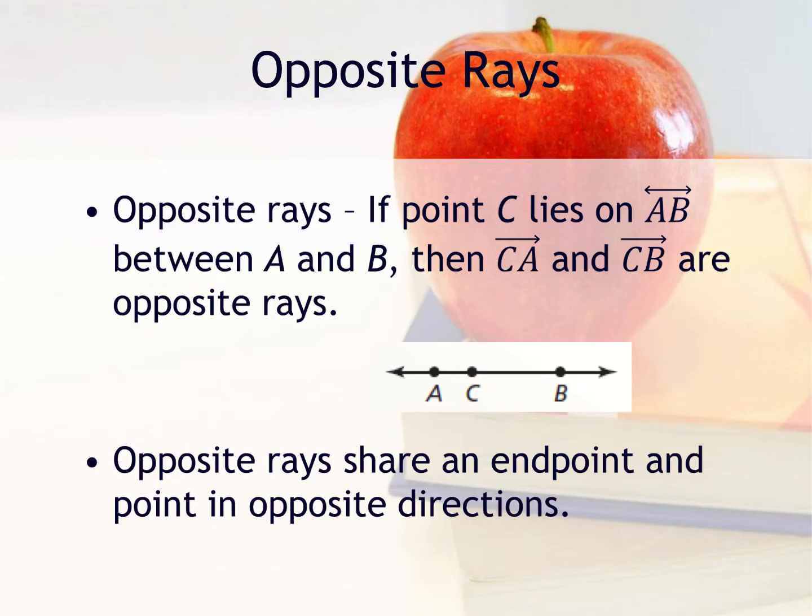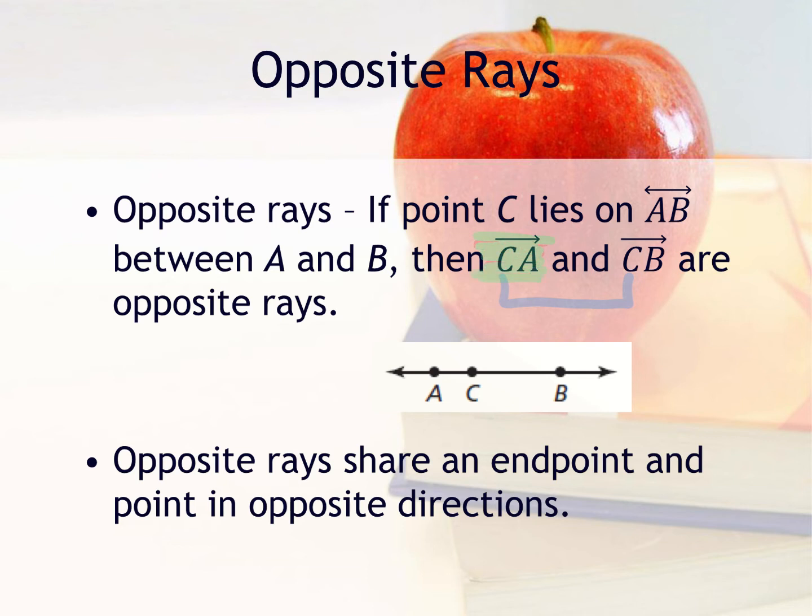So on the next slide, it's talking about opposite rays, and it says if point C lies on line AB between A and B, then ray CA and ray CB are opposite rays. If you notice, they both have an endpoint in common. They both start here at the letter C. So for the first one, CA, let me do maybe another color here, green.